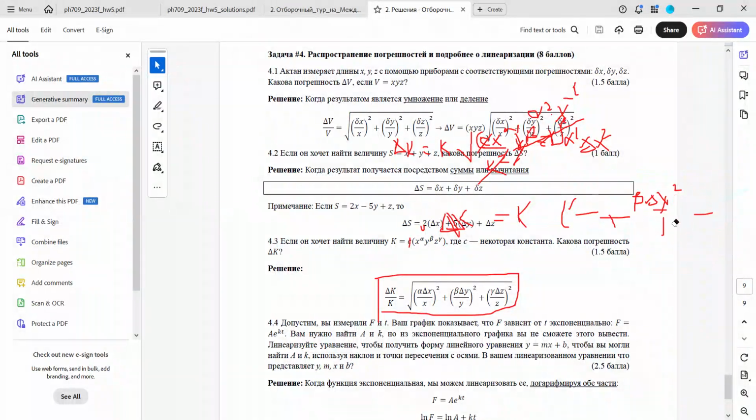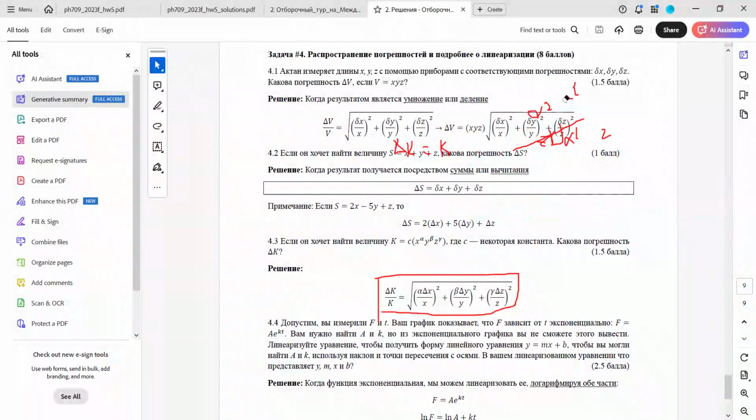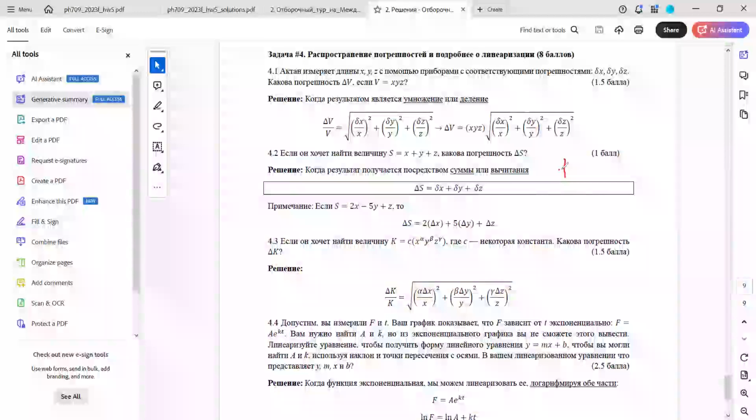I hope it's clear. Understand independent and dependent variables. If your variables are dependent, for example like this: if your function is only dependent on one variable and it is x cubed, then what happens?